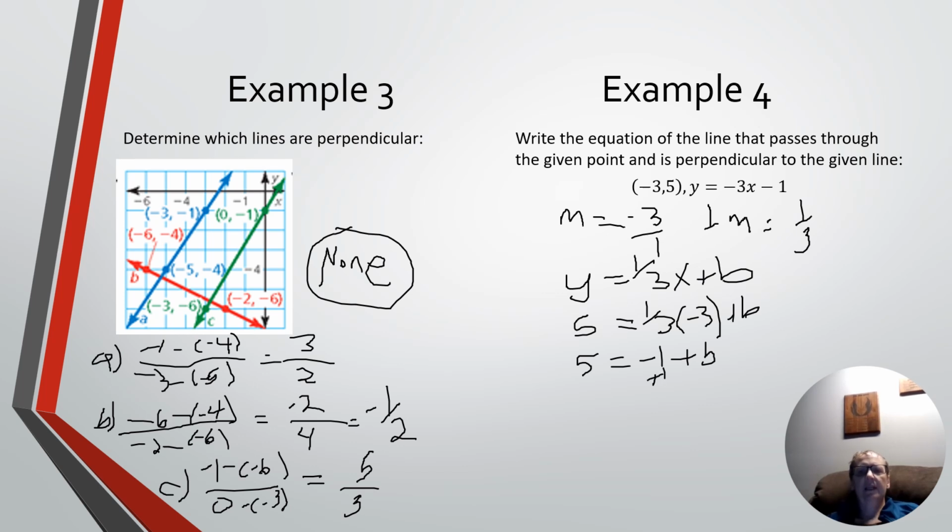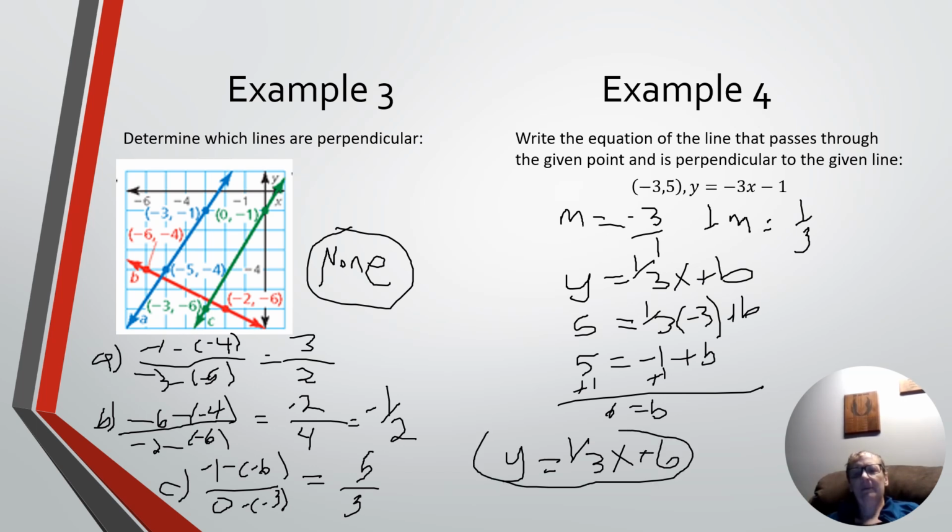Add the 1 to both sides. I get 6 is b. Those look very much similar, but you get the idea. So my equation is y equals 1/3 x plus 6. And there we go. That's our perpendicular line.